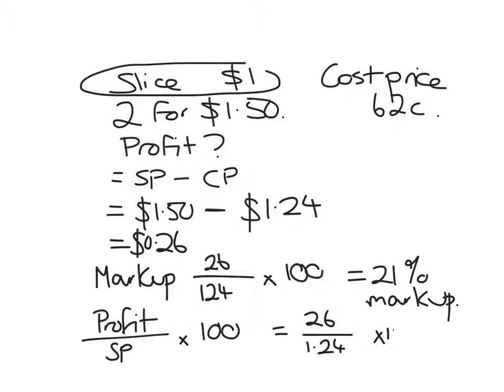Oh, actually, sorry, selling price wasn't 124, was it? It was 150 up here. So that would be divided by 1.5. And because we're doing it in dollars, we're just going to make that 150, not 1.5. Okay, so I hope that helps with those parts.